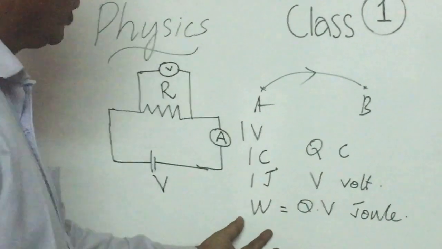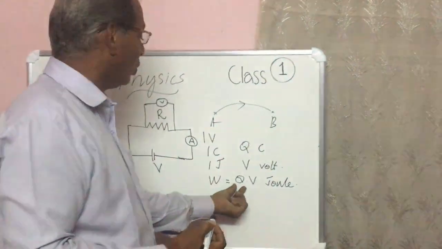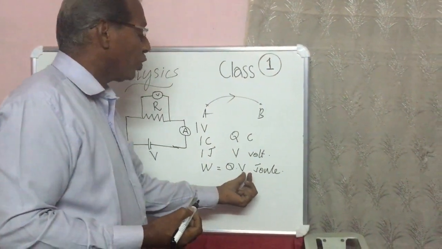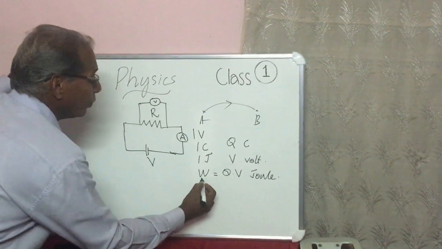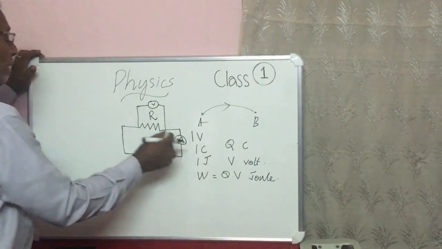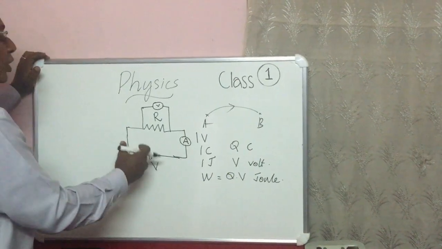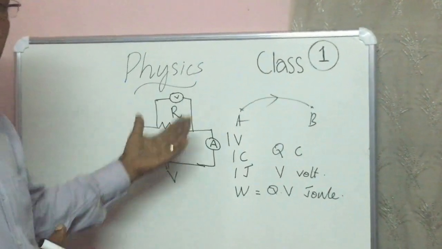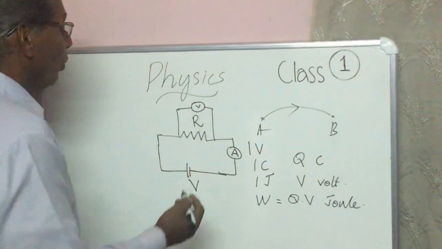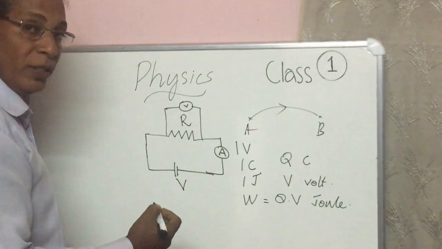Here W is the work done, Q is the quantity of electric charge in coulomb, and V is the voltage. This work is done by the battery, and it is converted into heat energy. So the battery is giving power in t seconds.